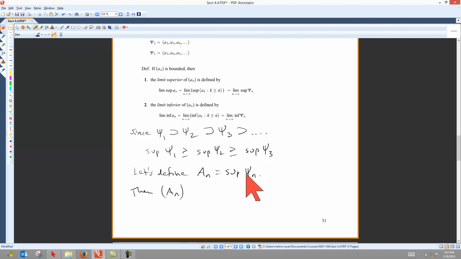The set of psi sub n's is bounded. So this is bounded, and it's also decreasing. A1 is greater than A2 is greater than A3. But a bounded decreasing sequence is convergent.